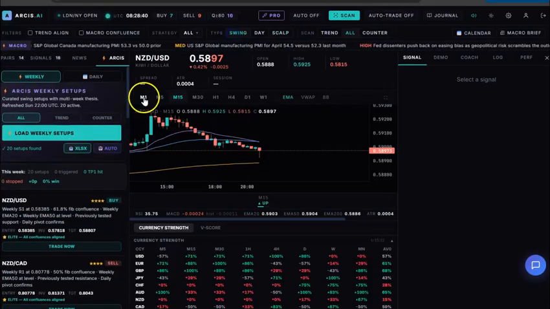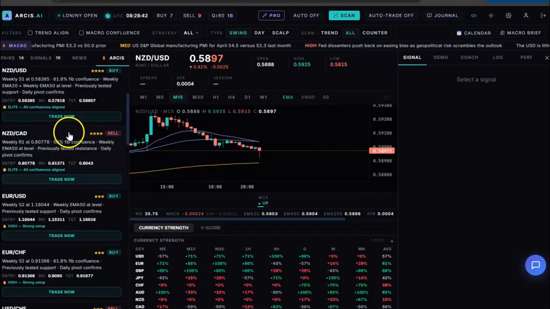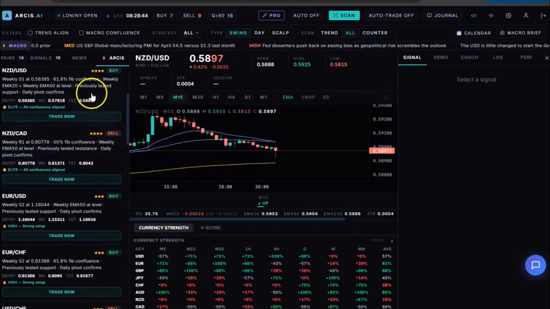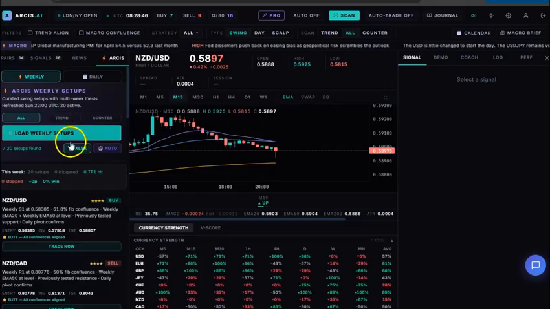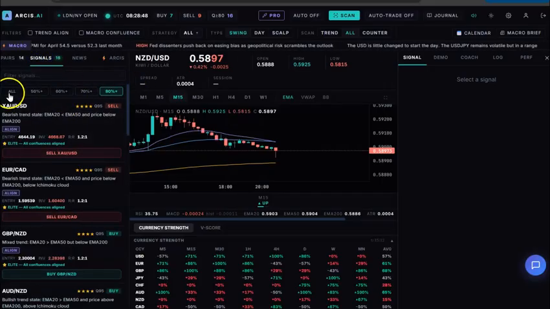So if we look at swing trade, so over here we go. You can trade all the signals here, or we've got 50% confidence score, 60% confidence score, 70% confidence score, and then above 80% custom confidence score.